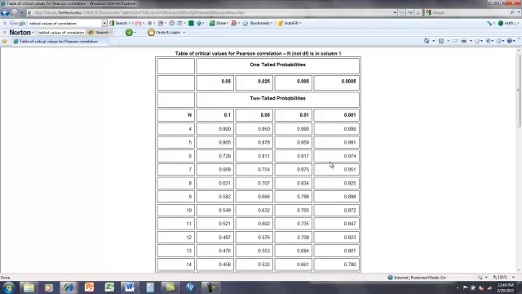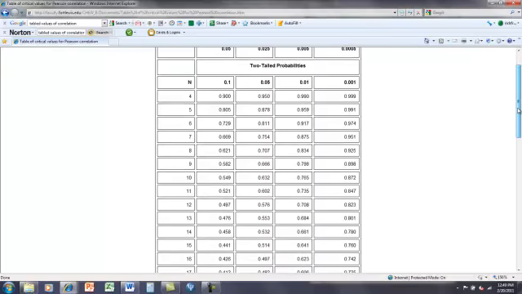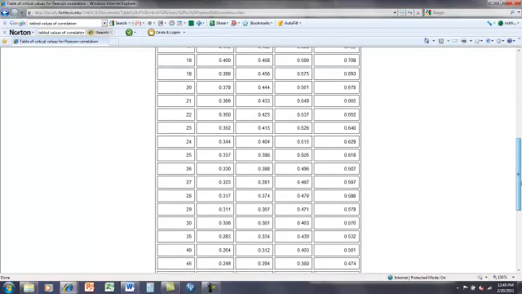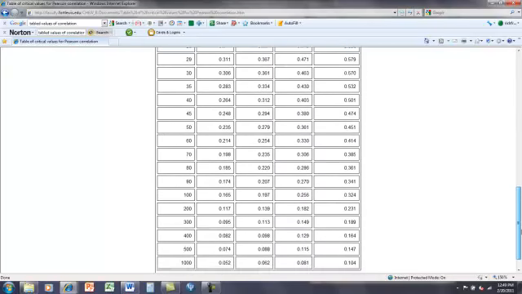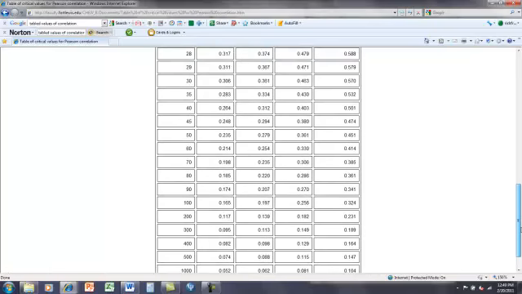And this sort of distribution says where is the R value? What are the extreme R values when the null hypothesis is true and two populations are completely uncorrelated? We'll take two samples, one from each population, and correlate them. And sometimes they will be correlated even though the populations are not.